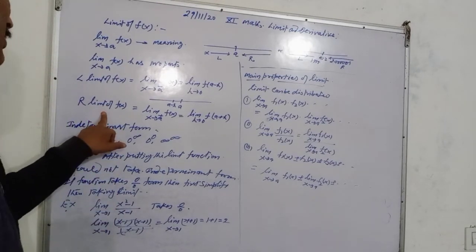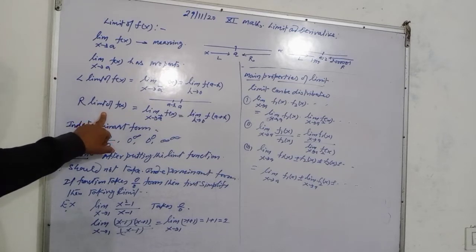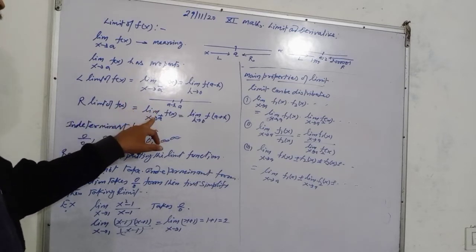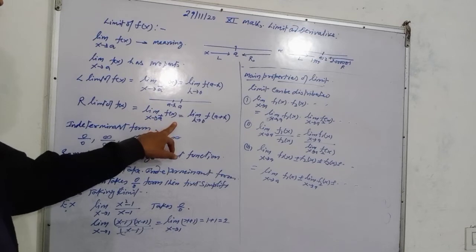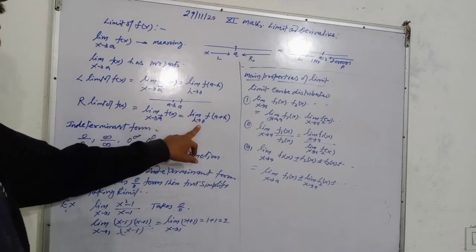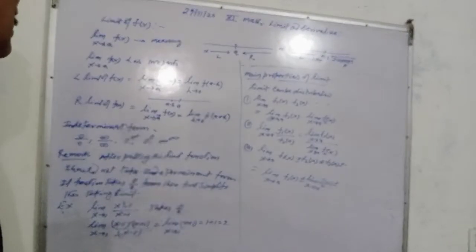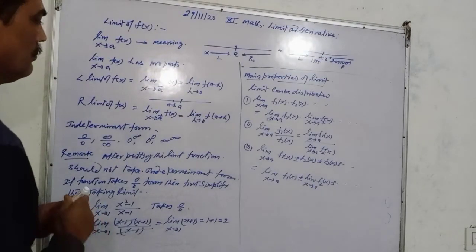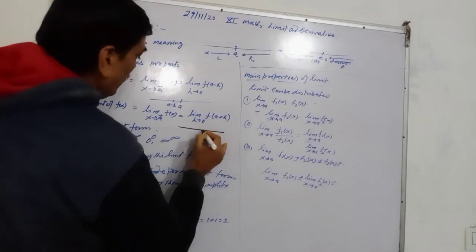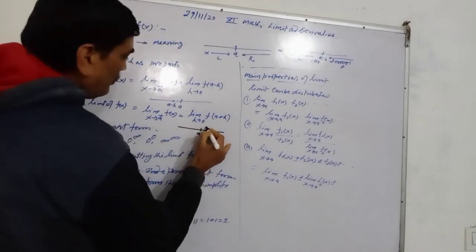And the right limit of f(x) is written as limit x tends to a plus of f(x), or limit h tends to 0 of f(a plus h). A plus h is a point very close to a, but on the right side of a.